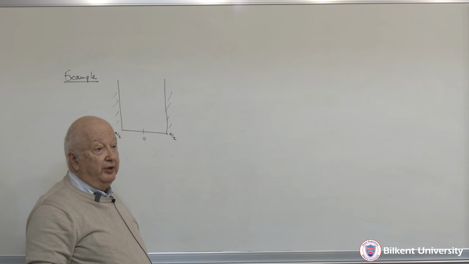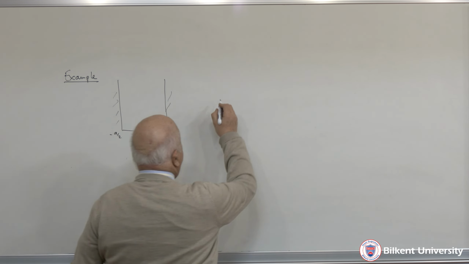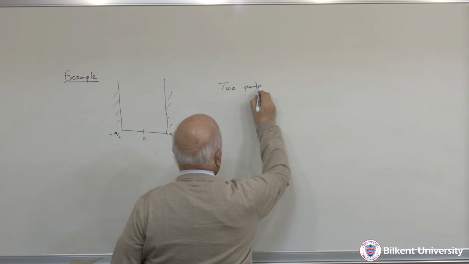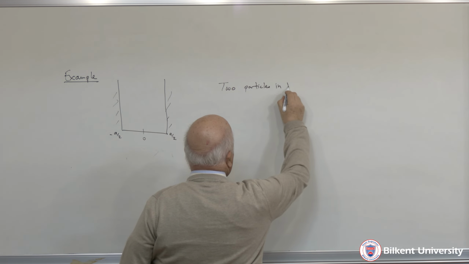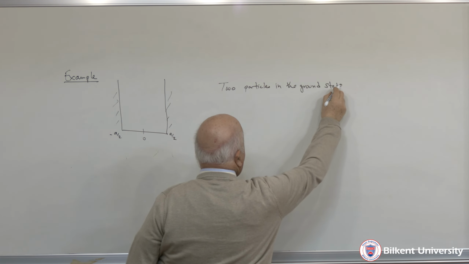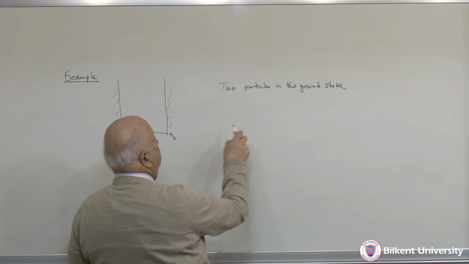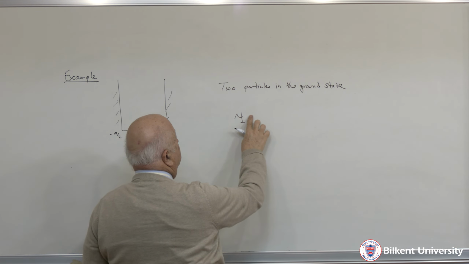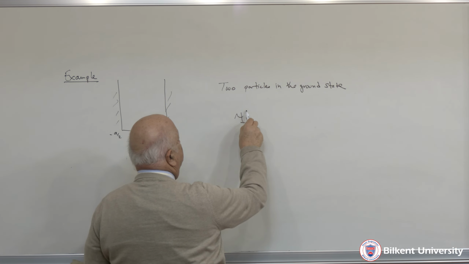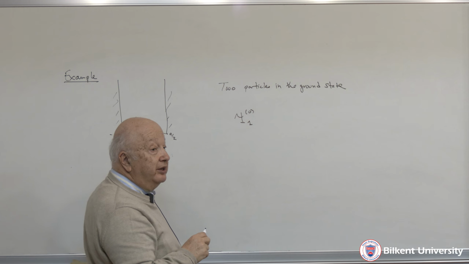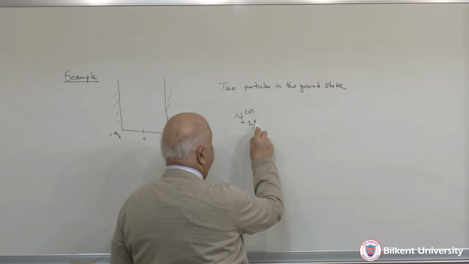What will happen? 2 particles in the ground state. So my psi, the 0th order state, is the ground state for both particles, so I should really put 1, 1.